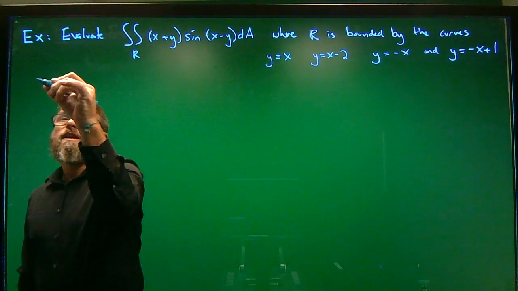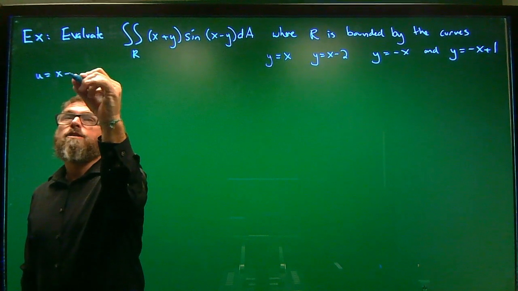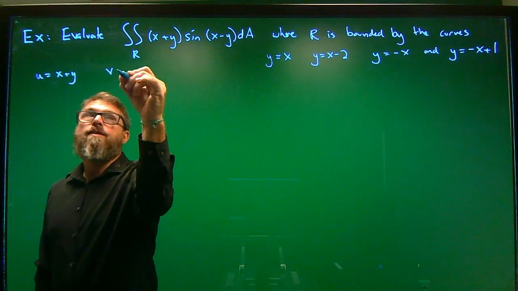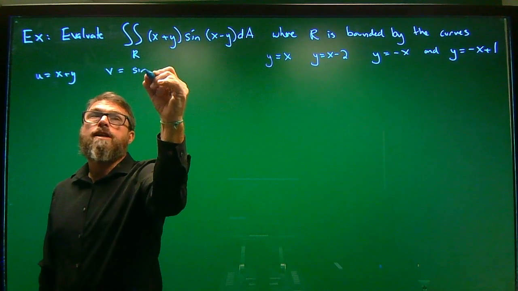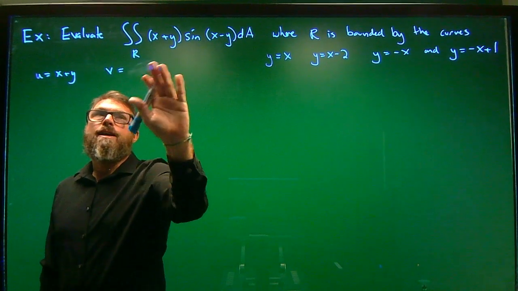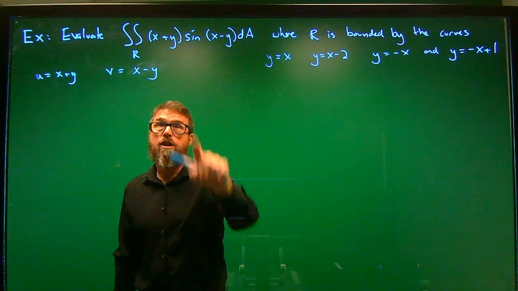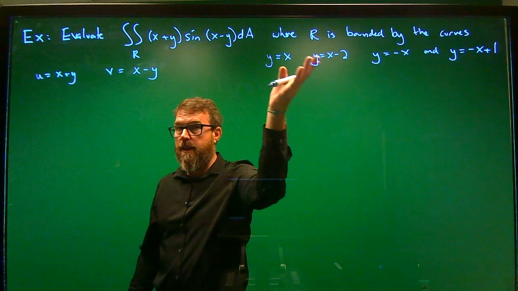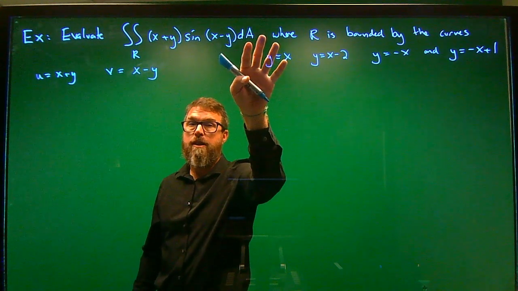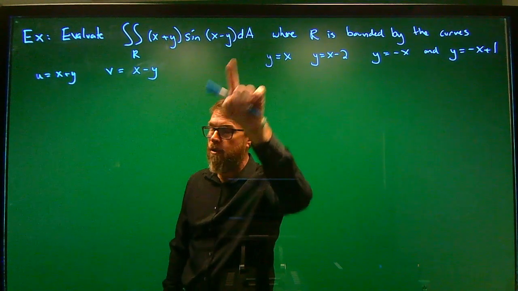So let's say u is going to be equal to x plus y, and that would make v equal to the sine of x minus y. So now this is just going to be u sine of v, which means I can integrate these things separately, assuming that this is going to be du dv or dv du.